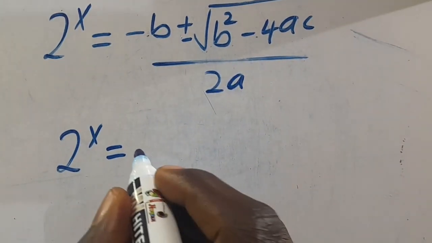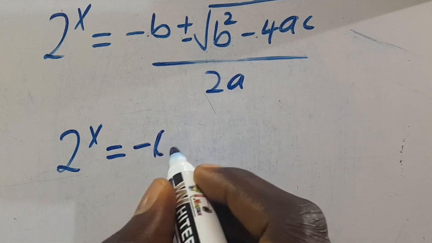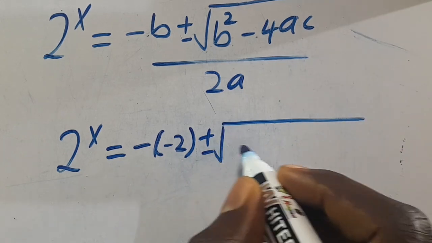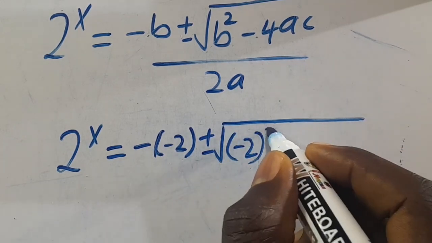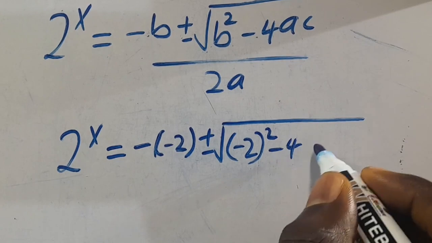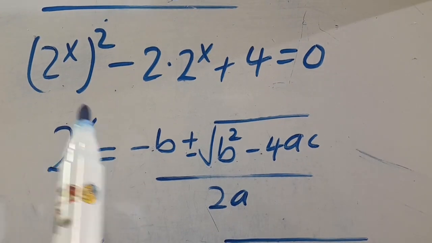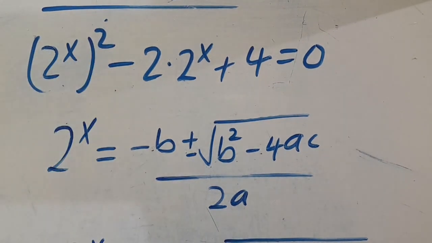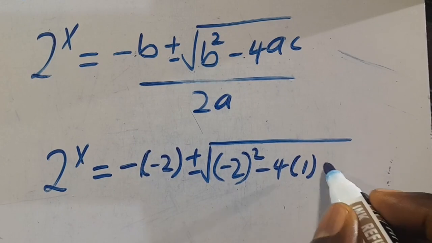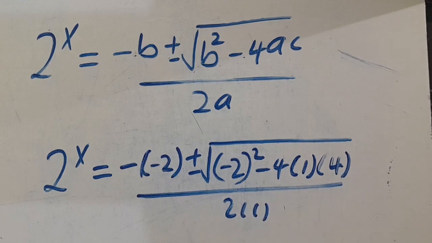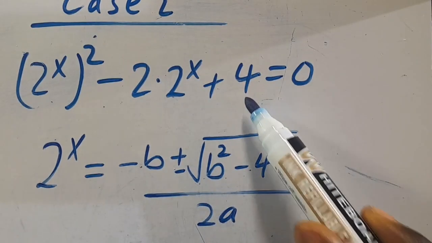So we are going to have it to be minus, open bracket, minus 2, positive or negative, root of minus 2 all to the power of 2, minus 4 multiplied by a is 1, which is the coefficient of 2x squared is 1. Then our c is 4, divided by 2 times 1. c is the coefficient of, is this.